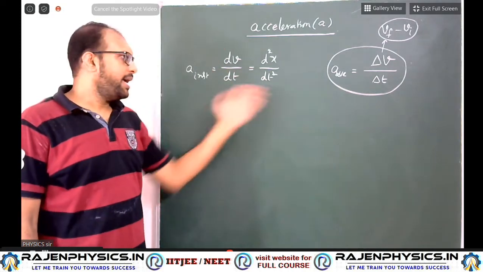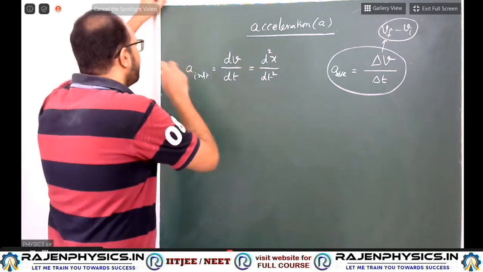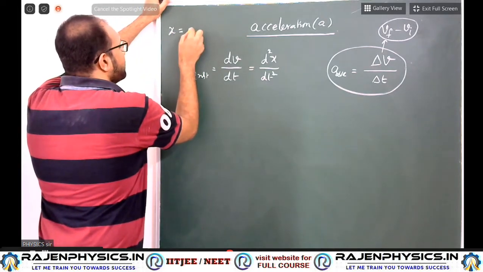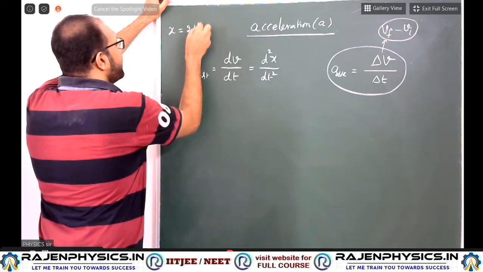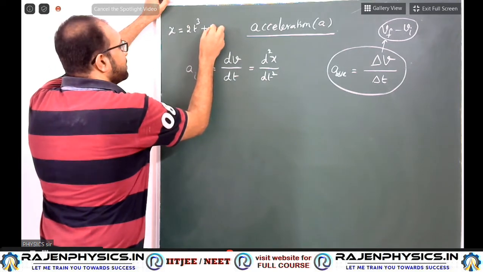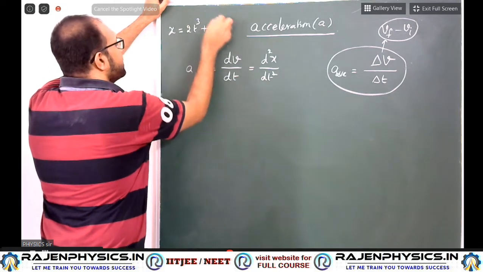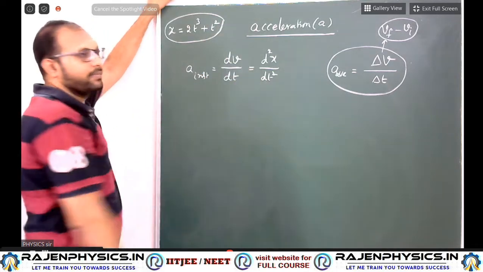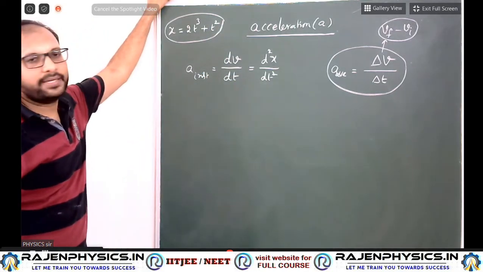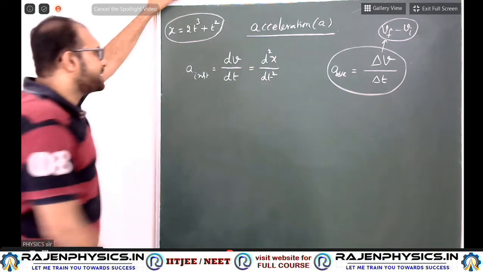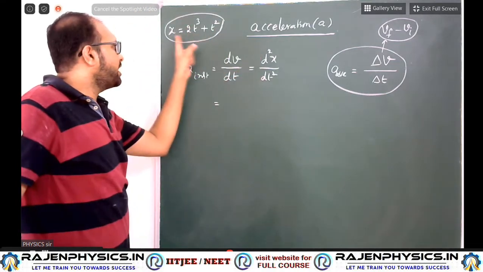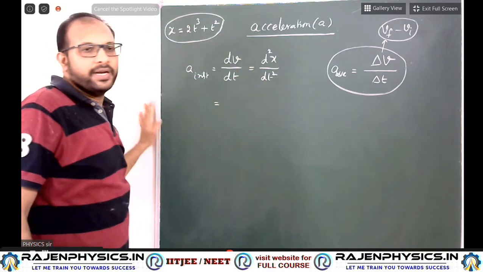I will explain it. Suppose x equal to 2t cube plus t square. Instantaneous acceleration: since position is given, we need two derivatives.